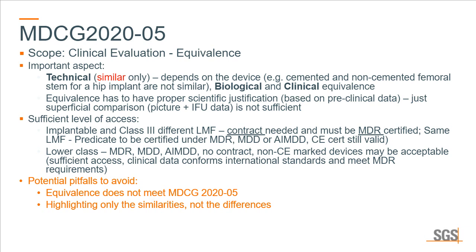If we only see that you are just trying to shed a good light, but we find significant differences where we don't find a justification from you why it's not causing a problem, or why it's still considered an equivalent device, we are going to challenge you. And at that point, you will have a very hard time getting your new product through the conformity assessment, because it sometimes can take a long time to evaluate those differences. So be proactive and highlight those differences in a fair way already in the beginning.